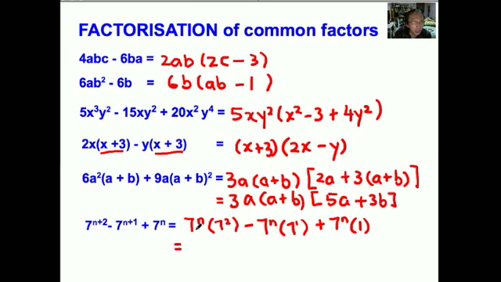Now we can see that 7 to the power of n is the common factor. So we take it out, and what remains is 7 squared, which is 49, minus 7 plus 1. The result is 7 to the power of n times 43.